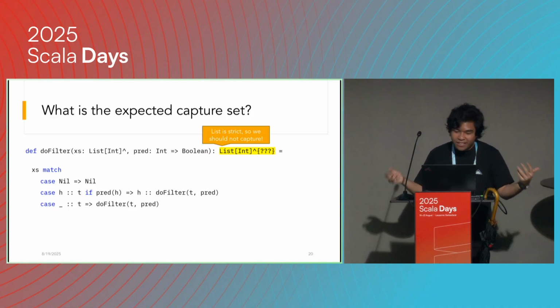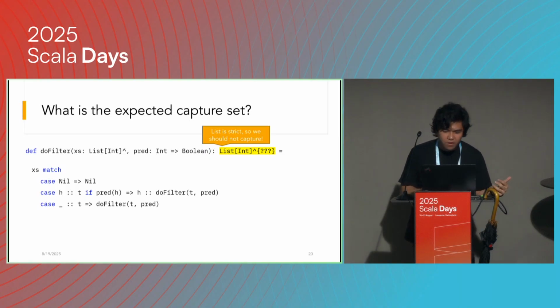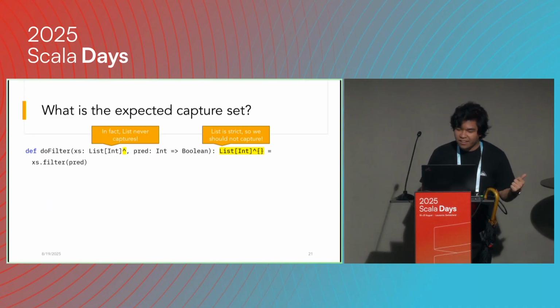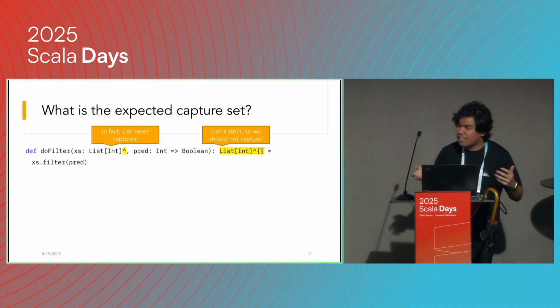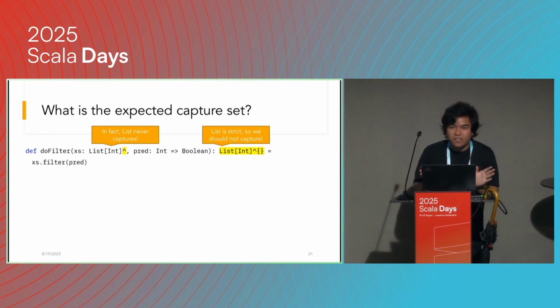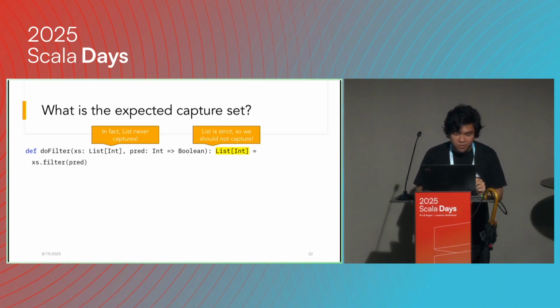We call the predicate, we build the list, but we don't really capture anything. So in a sense, list is strict, so we don't capture anything. And list actually never captures anything because it's completely generic. Everything put into the list is boxed in the box sense of capture checking. So we can actually drop all the caps.